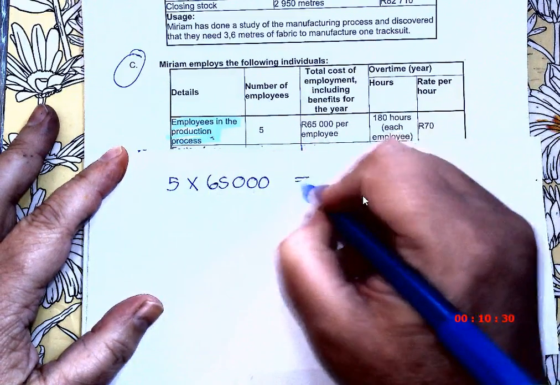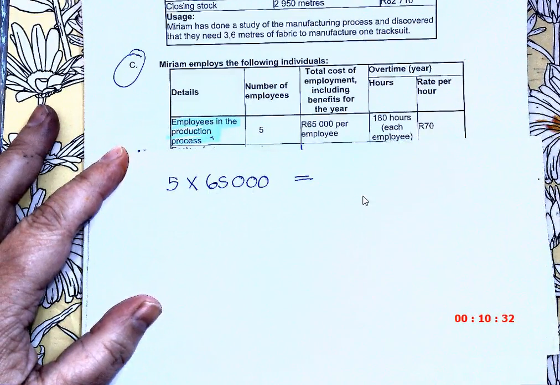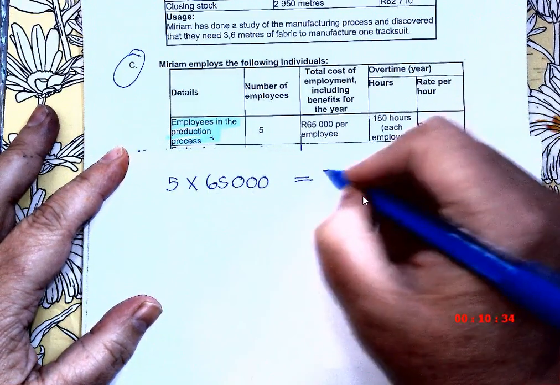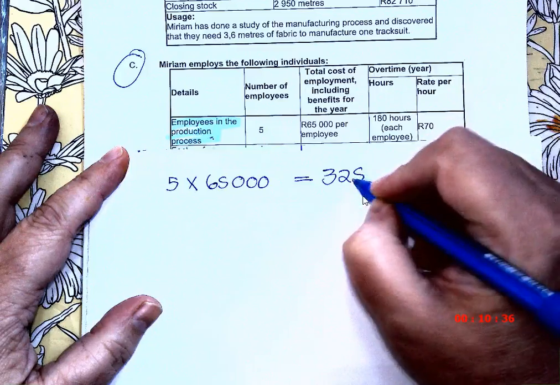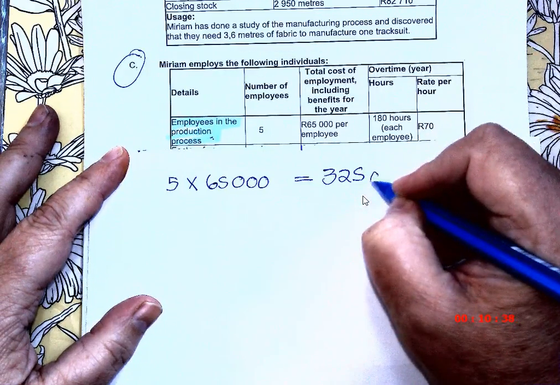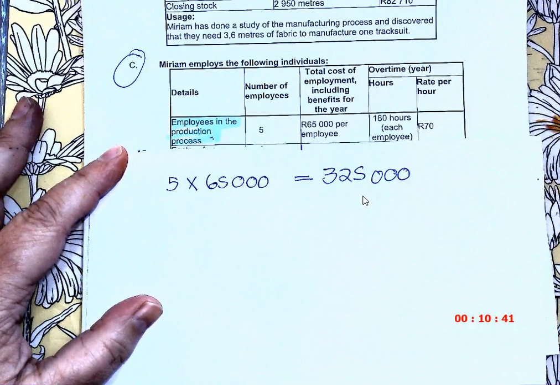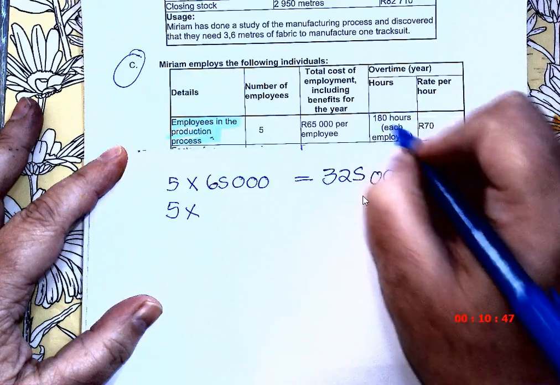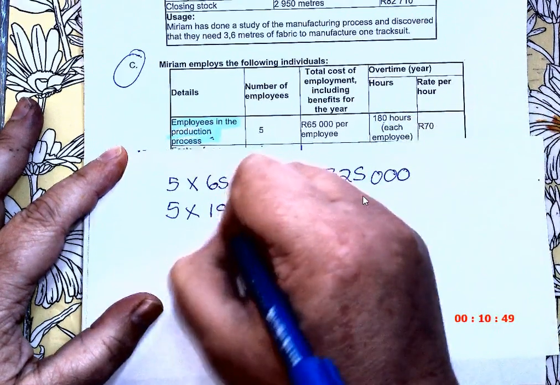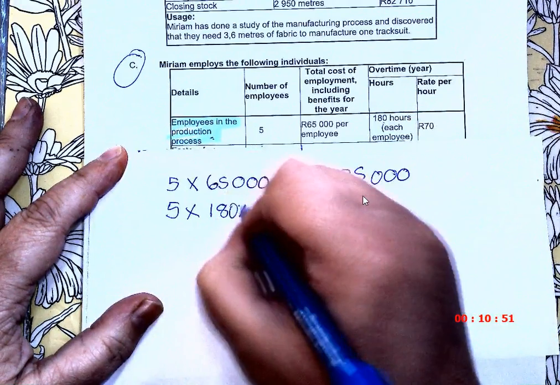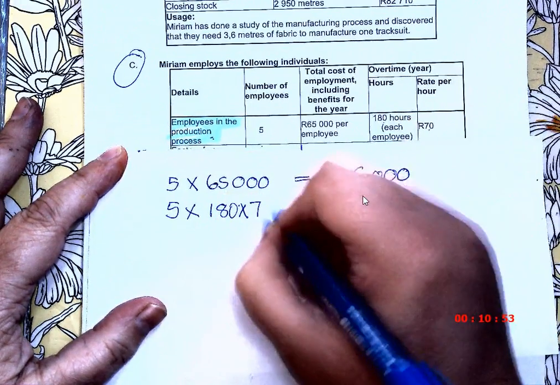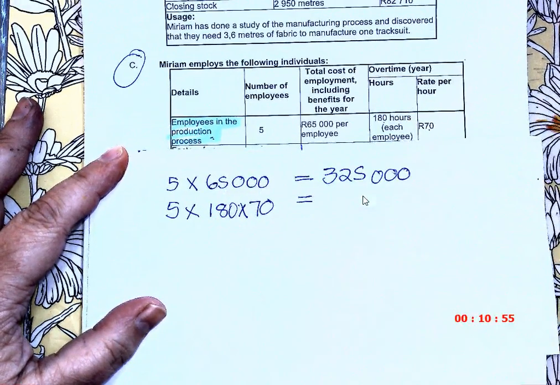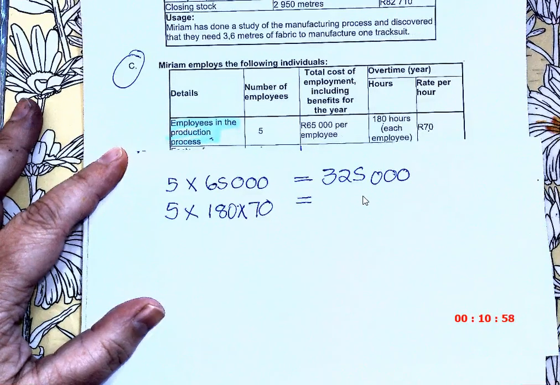That gives me what? 325,000. Okay. Those 5 workers also each worked 180 hours overtime at 70 Rand an hour, and that gives me 63,000.